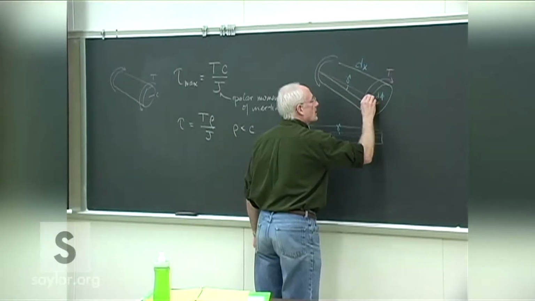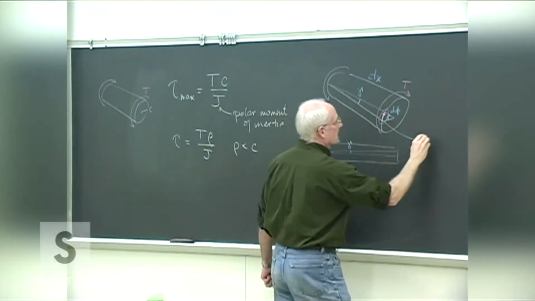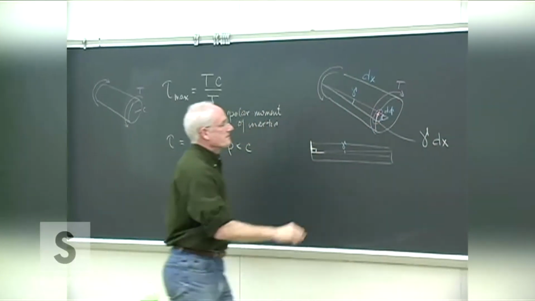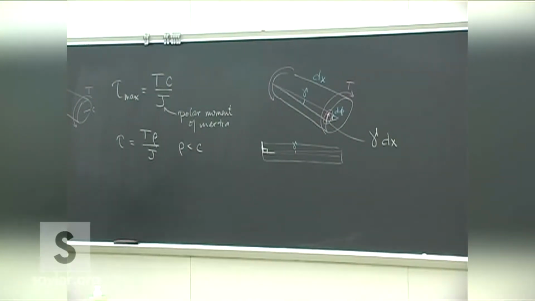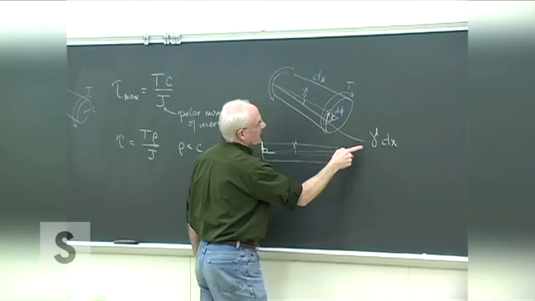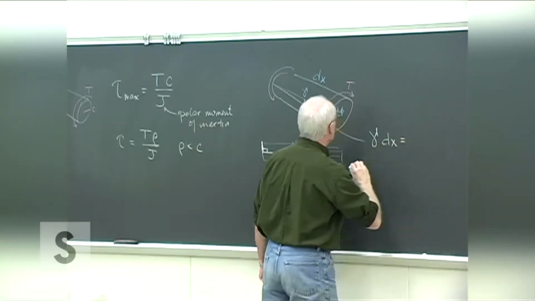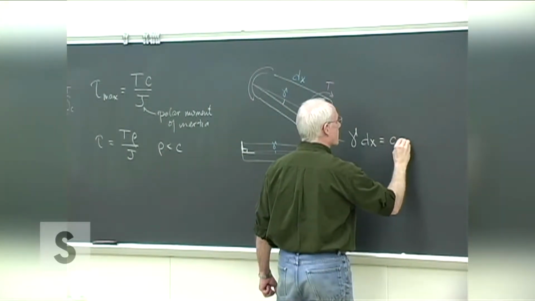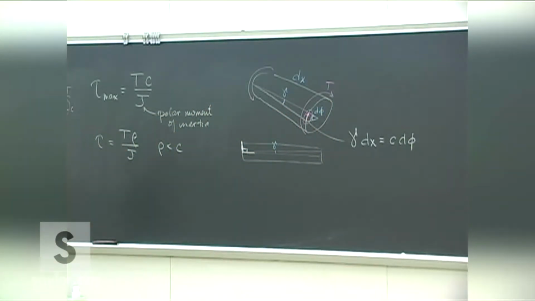And then this arc length subtended right there, if that's the right word, is the shear strain times that distance over which it acts. That's the arc length from the axial direction, and from the end-on direction, of course, we've got the equivalent arc length c d phi there.